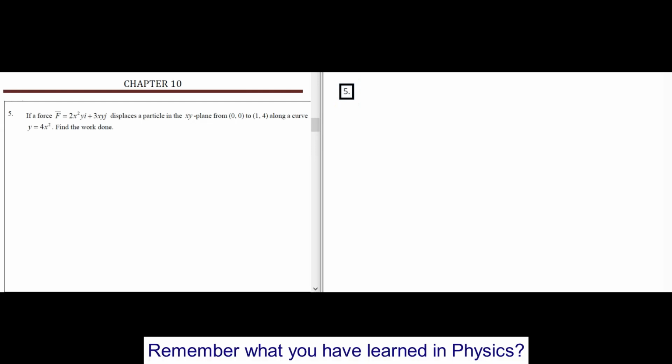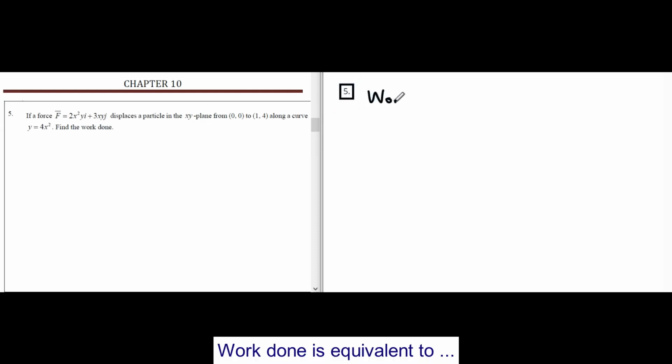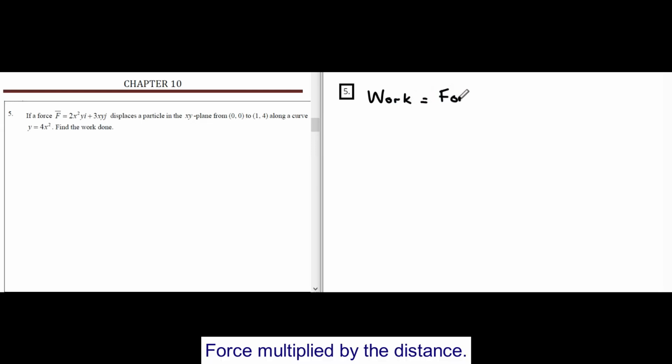Remember what you have learned in physics? Work done is equivalent to force multiplied by distance.